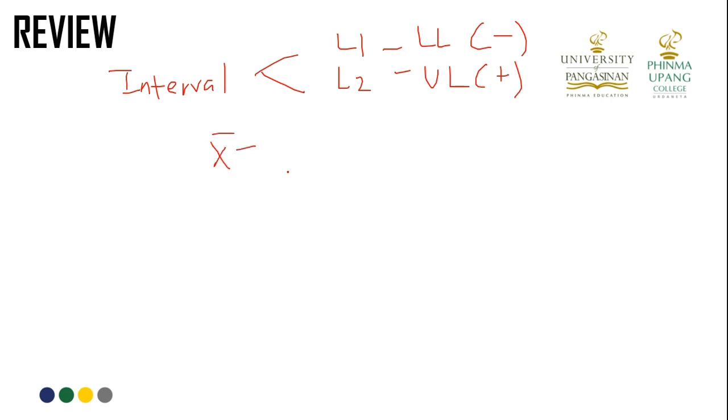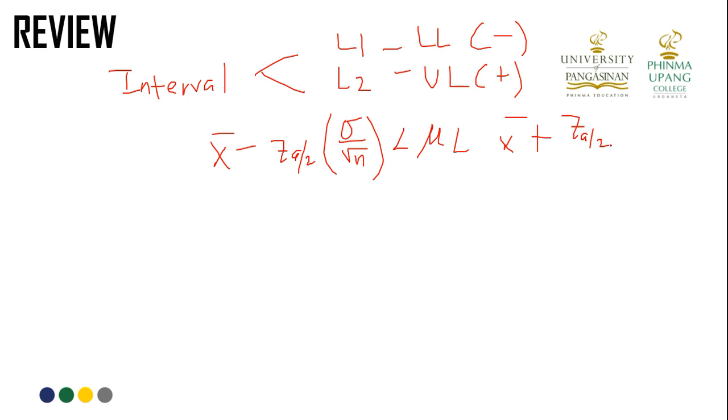X bar, or the mean, minus the Z value or the critical value multiplied by the standard deviation over the square root of n. This is the lower limit. Then x bar plus the critical value, we have SD over square root of n. This is the upper limit.